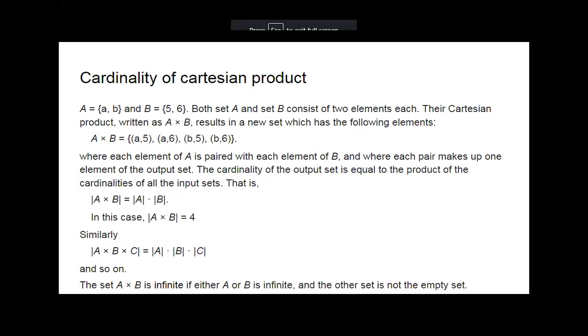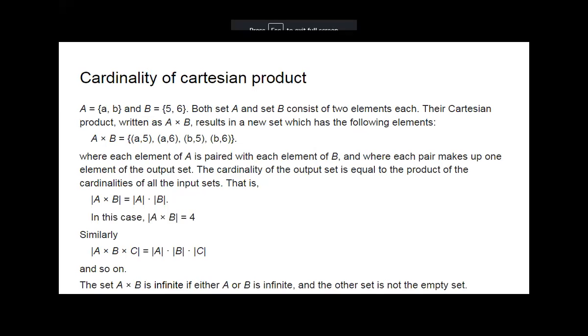So the cardinality of the Cartesian product is nothing but the multiplication of the cardinalities of the individual sets. However many sets we have, the product of the cardinalities of those sets is the cardinality of the Cartesian product.